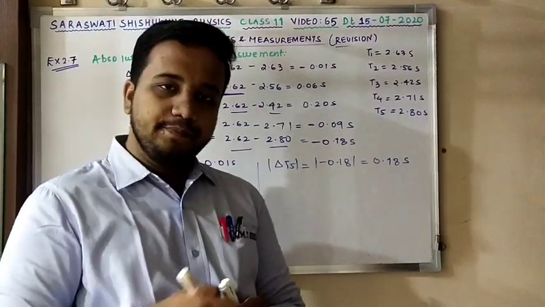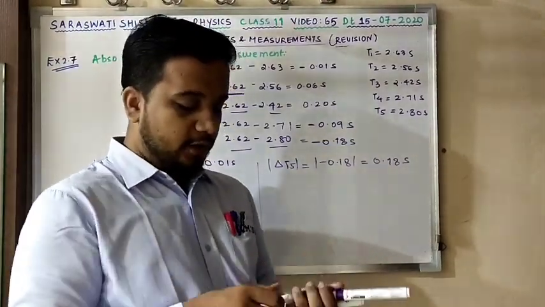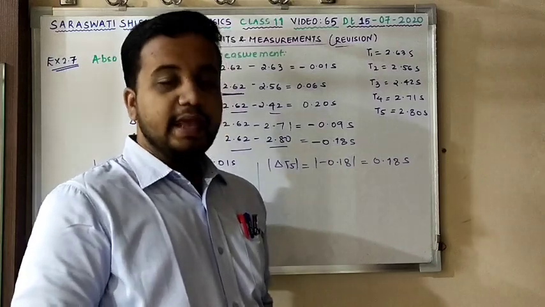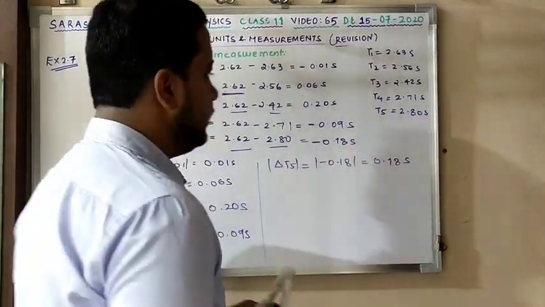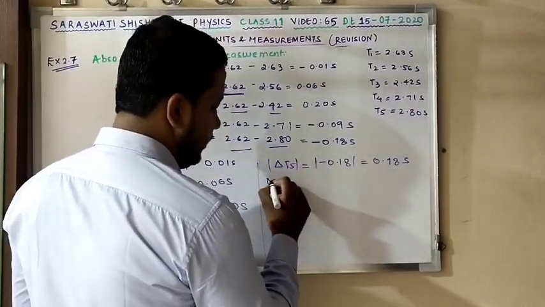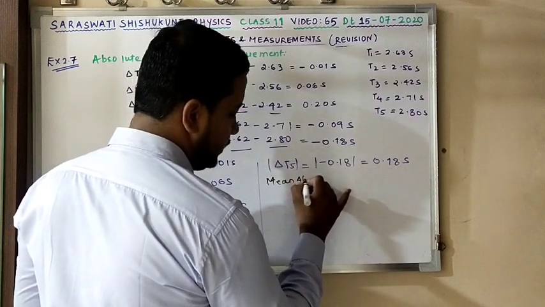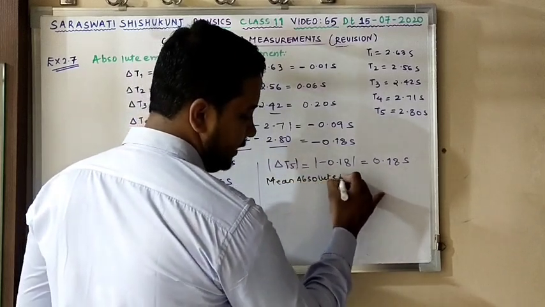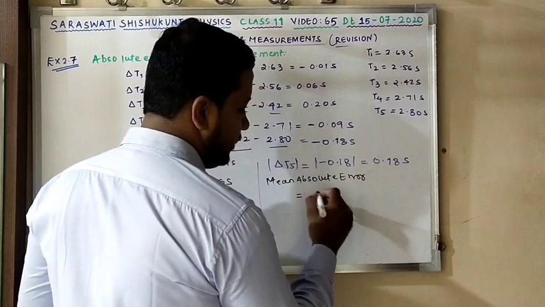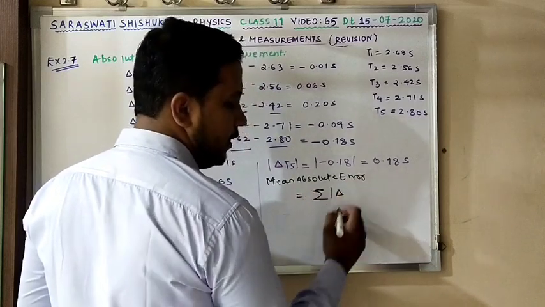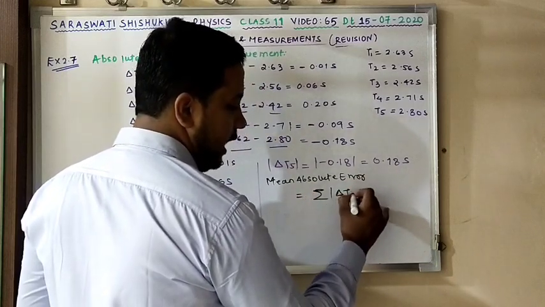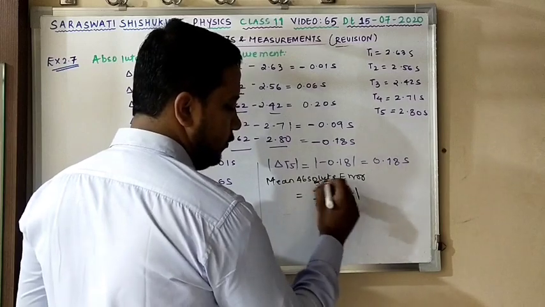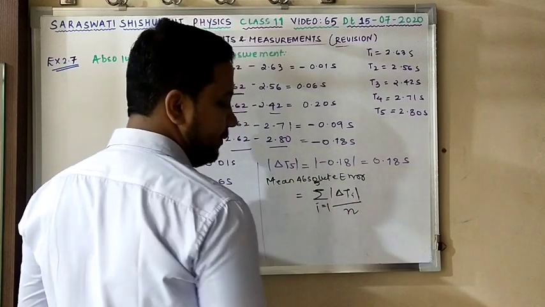Is this still clear? Now the next step I am going to calculate is the mean absolute error. From the words only, I can work out what it is. Mean absolute error means I need to take the mean of these. Mean absolute error is the summation of the modulus of delta Ti from i equal to 1 to 5, divided by n.